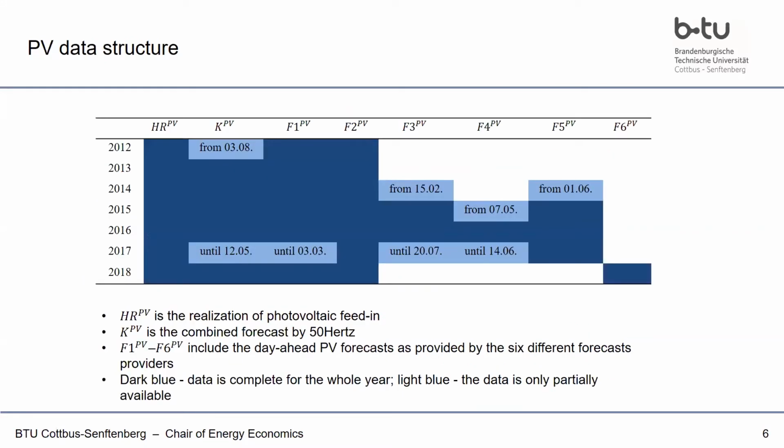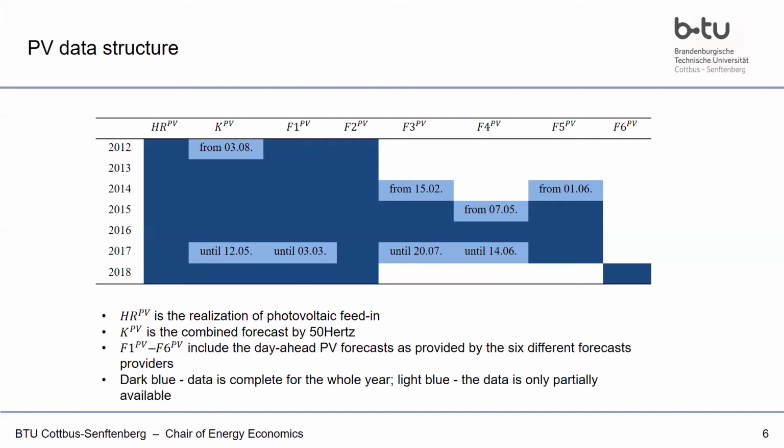Now this next slide shows the PV data structure for the years 2012 to 2018. Here HRPV is the realization of the photovoltaic feed-in. K stands for the combined forecast by 50 Hertz. F1 PV to F6 PV include the day-ahead photovoltaic forecasts as provided by the 6 different providers.